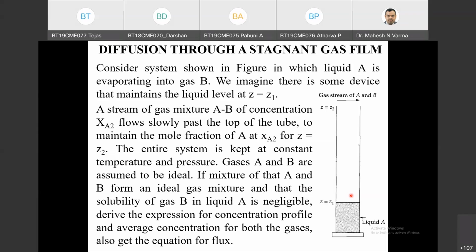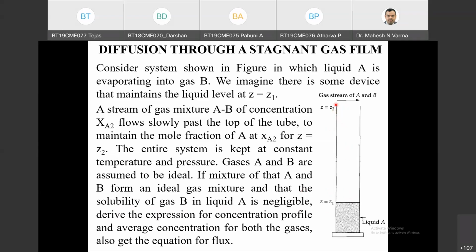Yes, sir. B has the highest concentration here and the lowest concentration here, still there is no flux of B in this direction. Why? Because it is given that the solubility of gas B in liquid A is negligible.